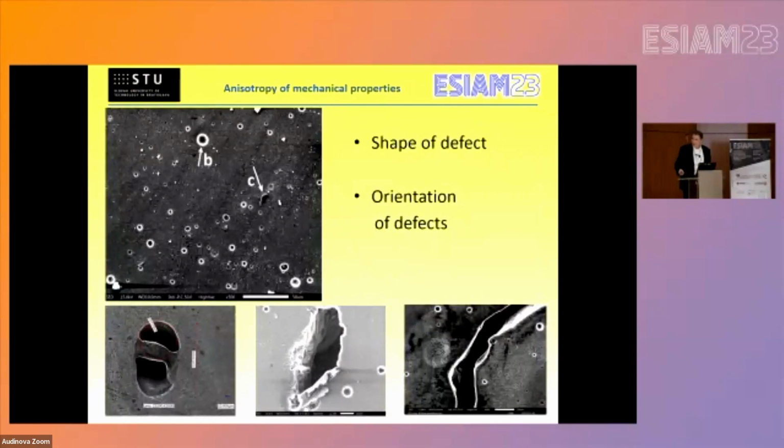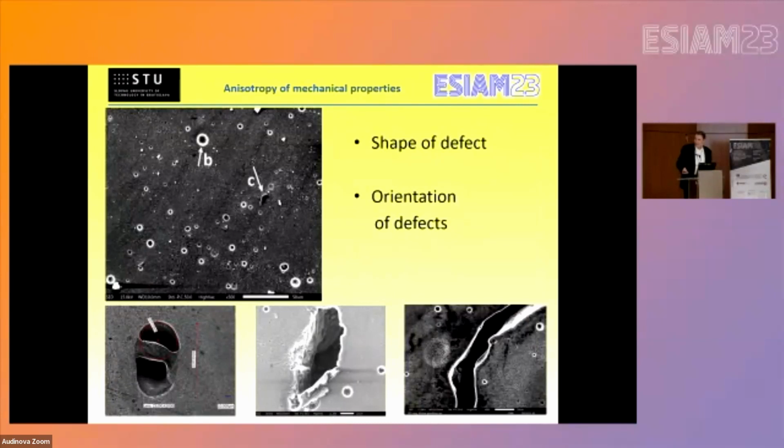These differences result from defects. I select two defects. This is the microstructure of this aluminum alloy. This defect is relatively friendly for fatigue, because this shape and this curvature lead to a relatively small stress concentration factor.